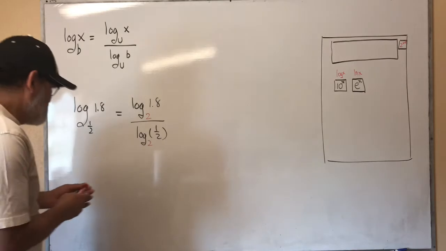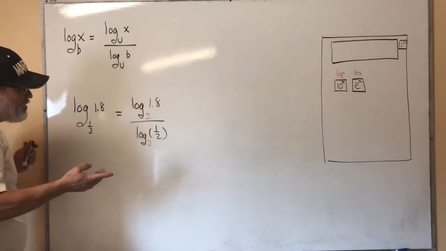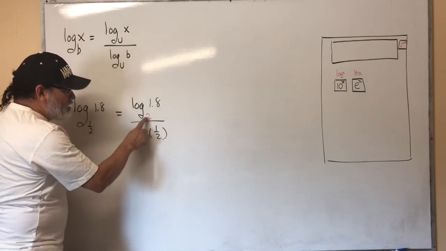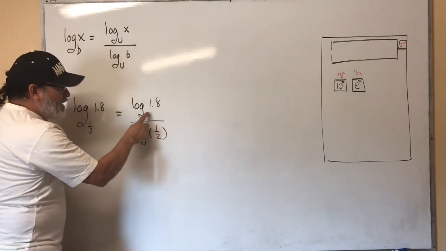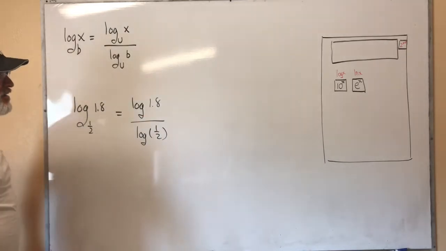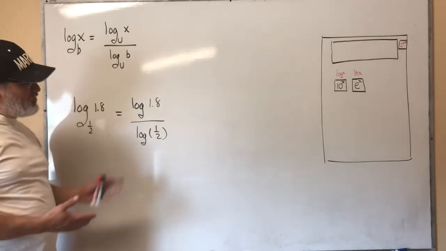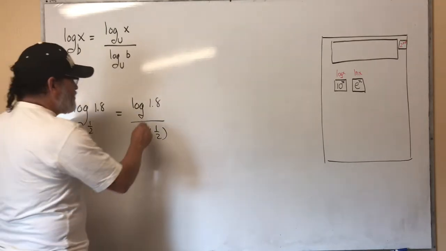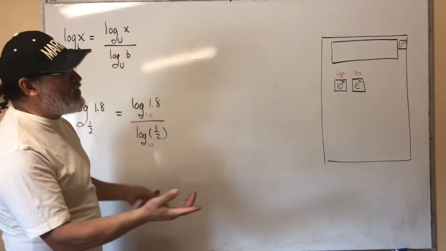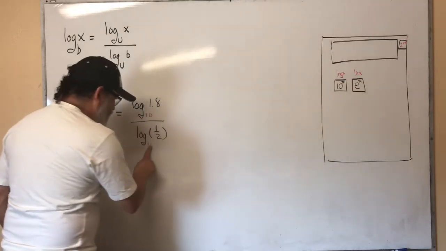Let's pick a different base then. Erase this, and pick a different base. Pick base 10. If the base is 10, you don't have to write it, as we said earlier.